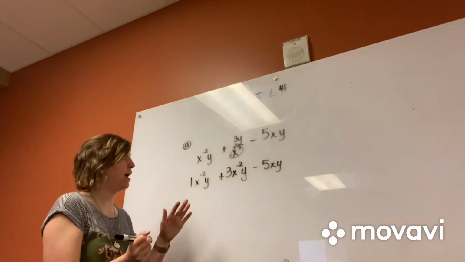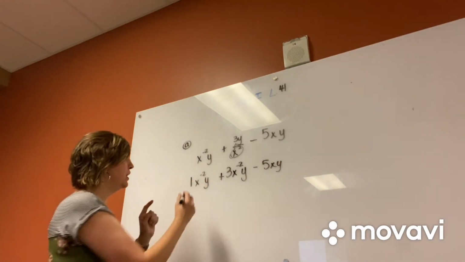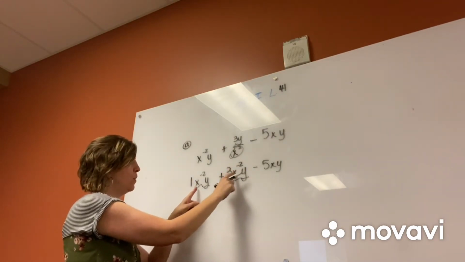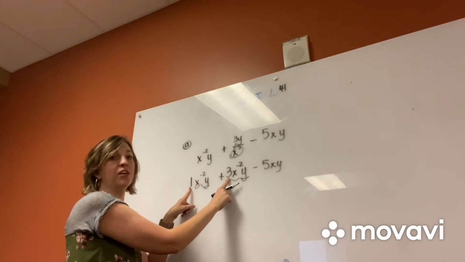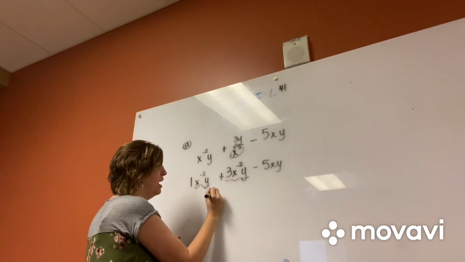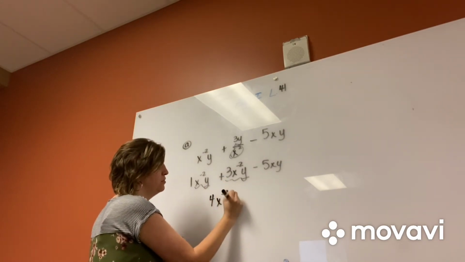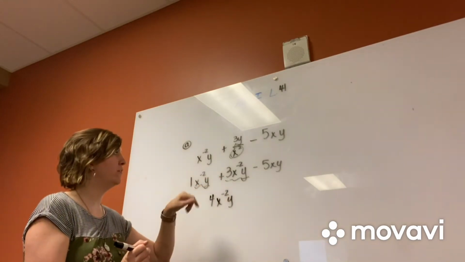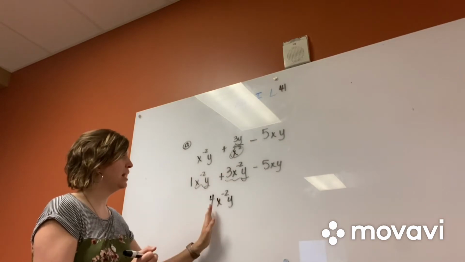Now let's take a look at that. We moved everything, and notice that this is a like term because it's got x to the negative 2y. I've got one of them, then I've got 3 of them. So total, I have 4 x to the negative 2y. Notice the exponents stay the same. I'm just combining the coefficients. I had 1, I have 3, now I have 4.